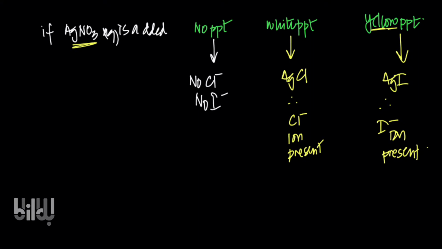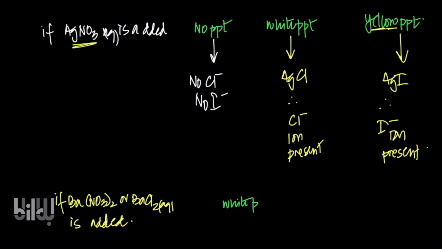On the other hand, the idea is that if barium nitrate or barium chloride aqueous is added, you get a white PPT or you get no PPT.